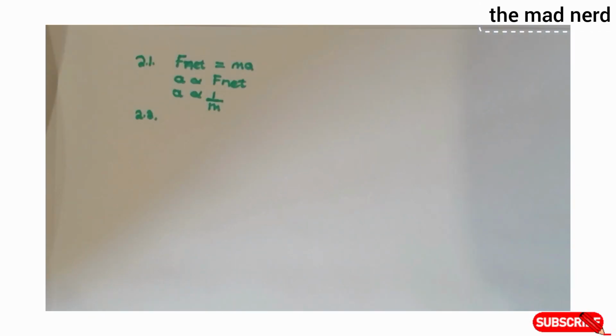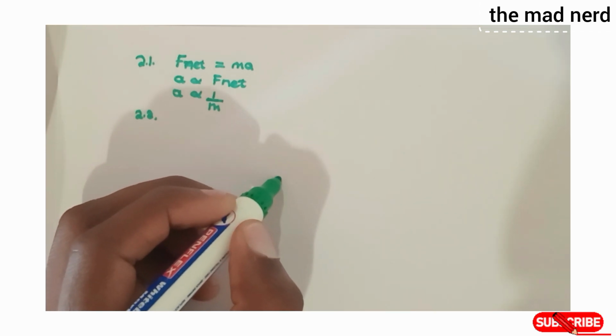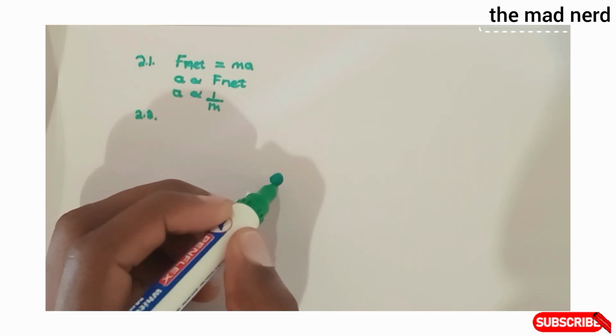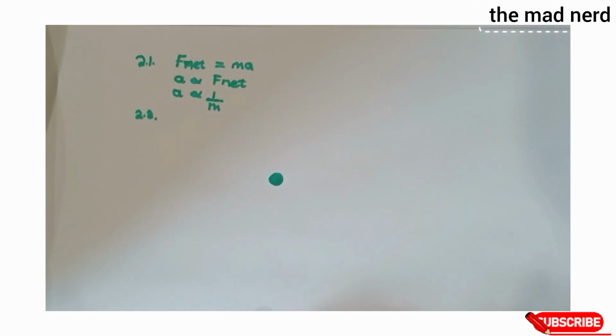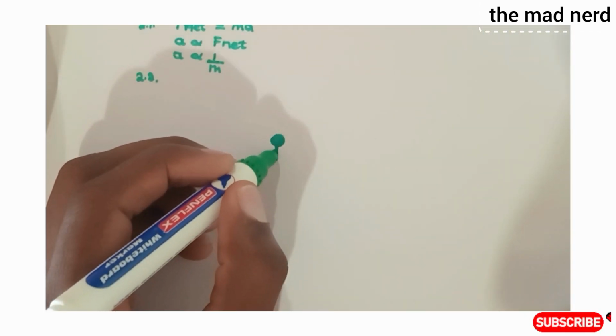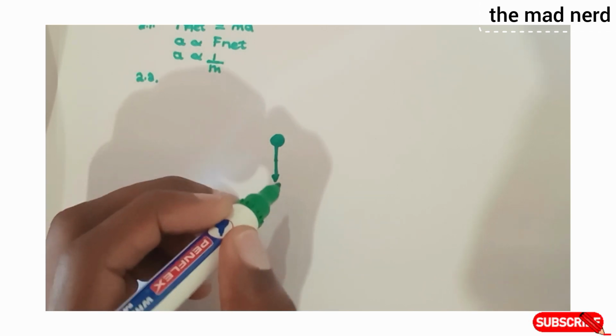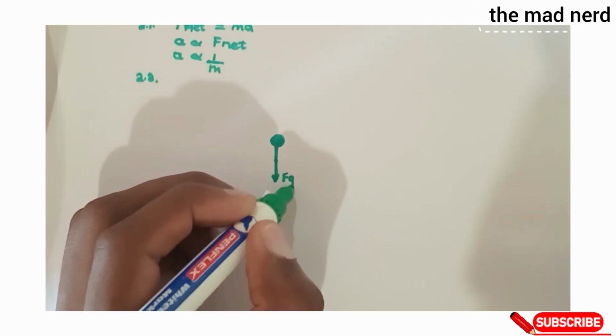A gravitational force. So now what we can just do is make the circle bigger, so that it can accommodate everything. So we have a what here? Fg, that means it's a gravitational force. And then we have a what here?